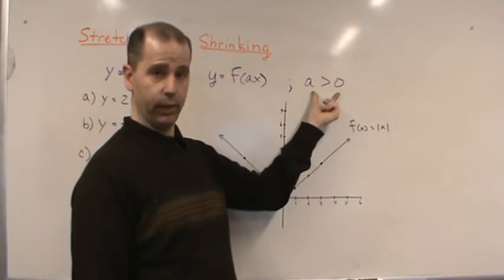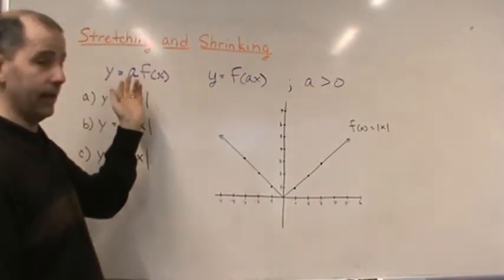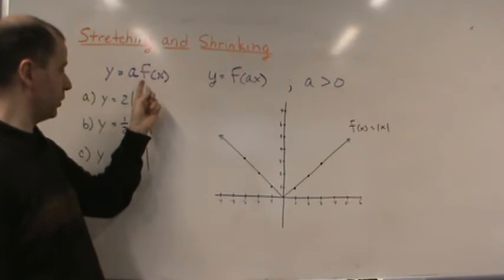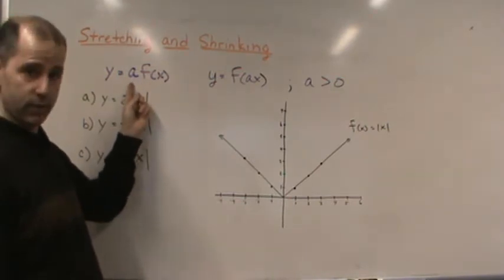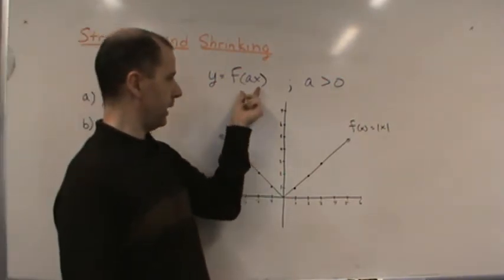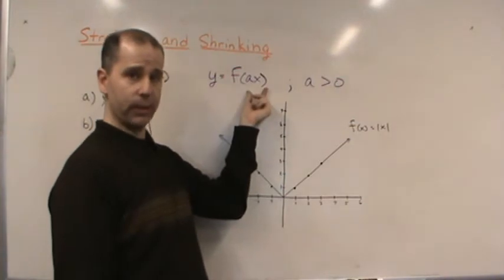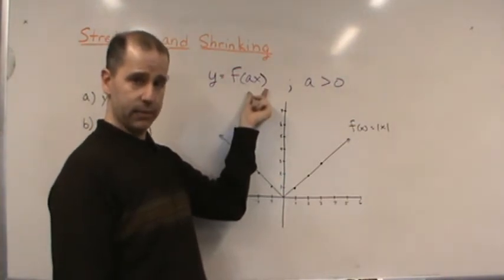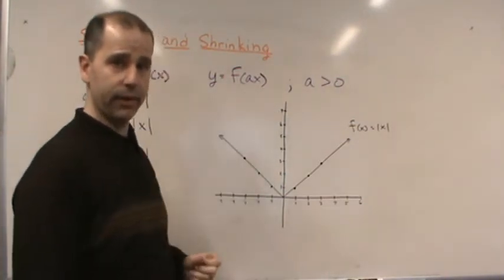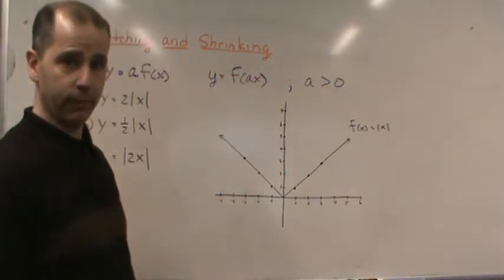So we're either going to multiply the function by some positive real number, or we're going to multiply x by a positive real number, and see how that affects the graph of the function.